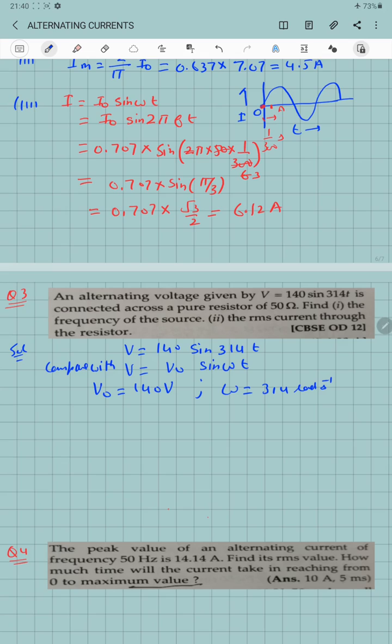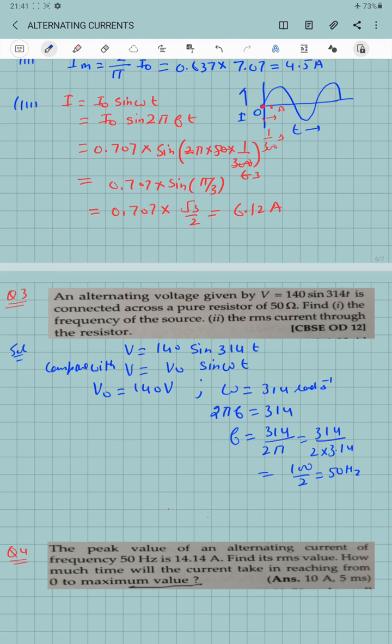In this case, omega is equal to 2 pi f, which is equal to 314, or f will be equal to 314 divided by 2 pi, which is 314 over 2 into 3.14, which is 100 by 2, which is equal to 50 Hertz. So this is our answer.